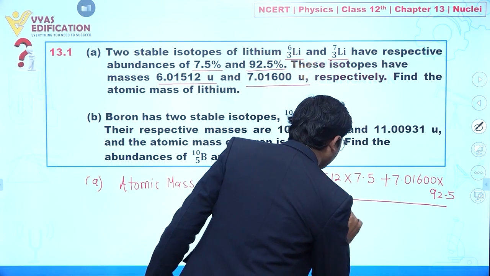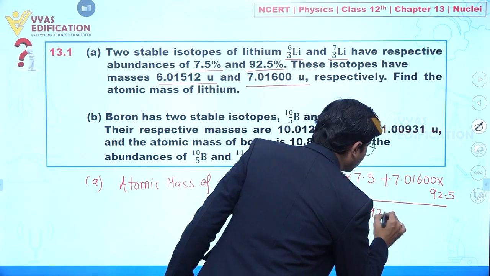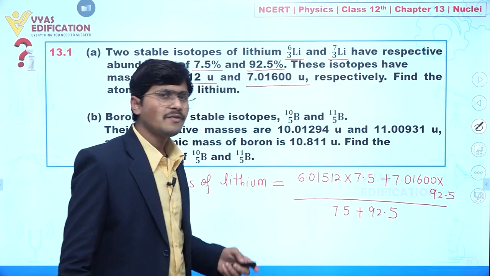So directly you can say this is 7.5 plus 92.5. Clear everyone? Now we will calculate.